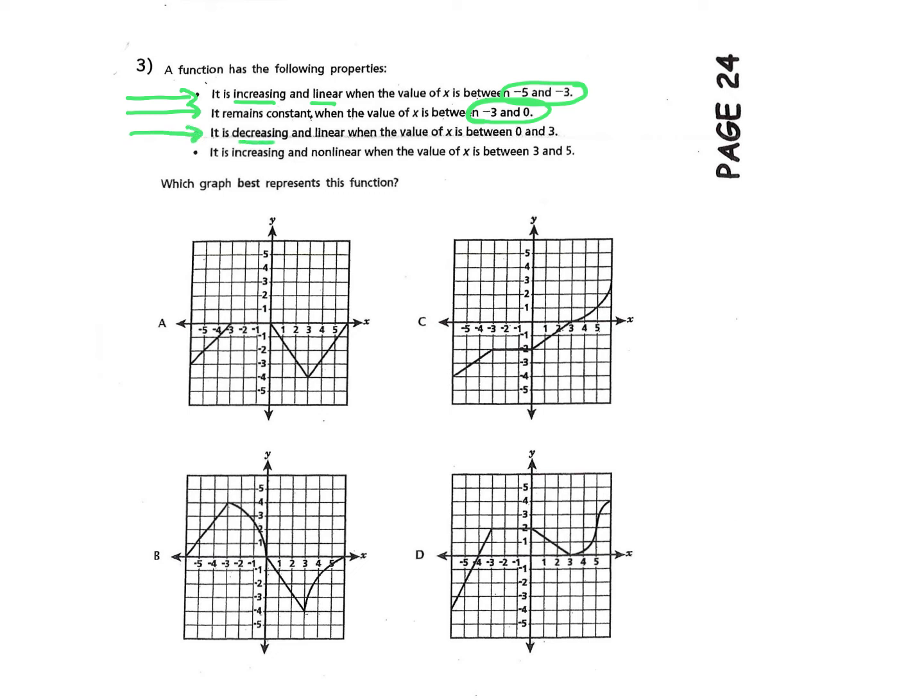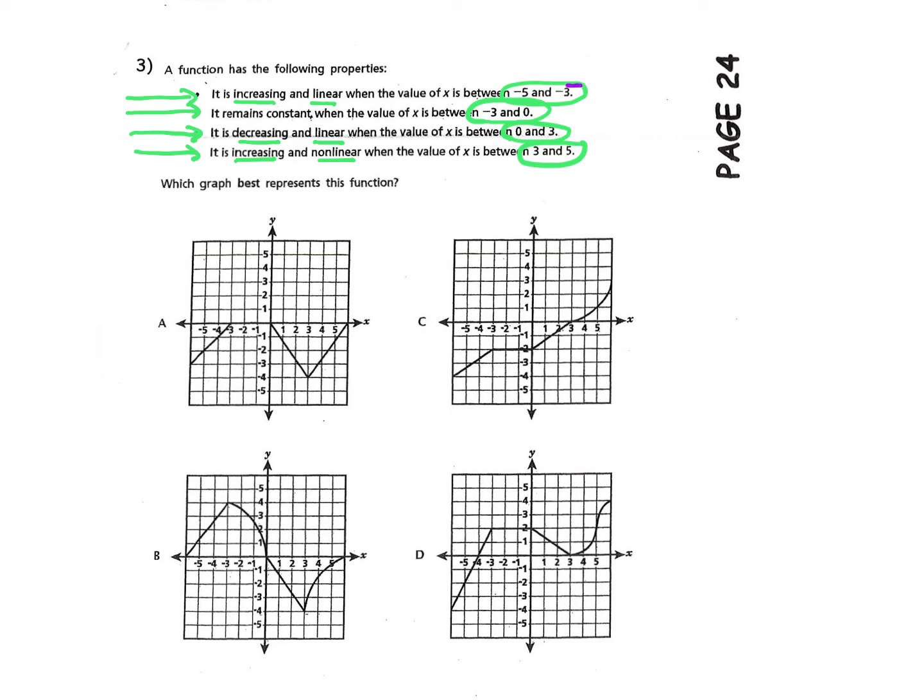Thirdly, it's decreasing and linear between 0 and 3. And lastly, it is increasing and nonlinear between 3 and 5. Well, let's work through each one of these.